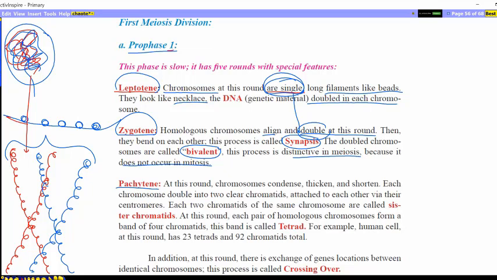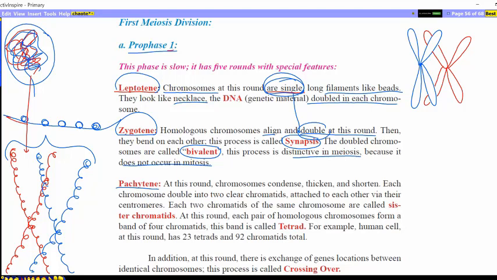Because shortening and thickening increase, at this stage we can see a shape like this: a chromosome made up of 2 clear chromatids, and another chromosome also consisting of 2 clear chromatids, but bending to one another at some points.